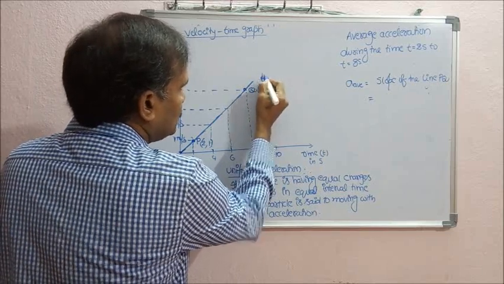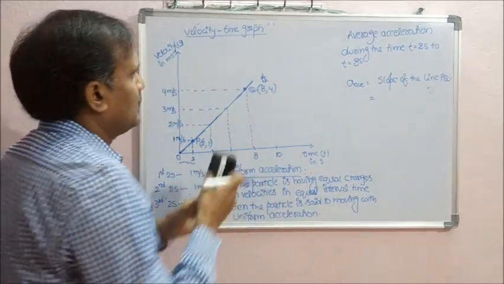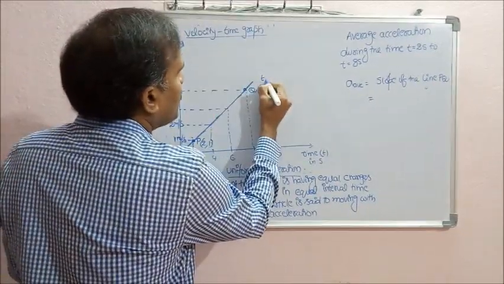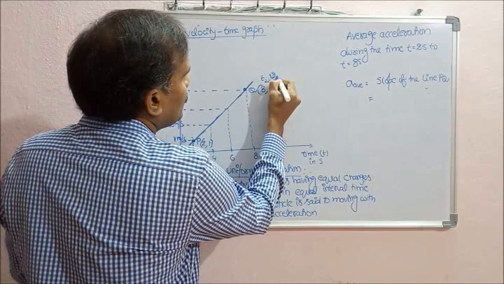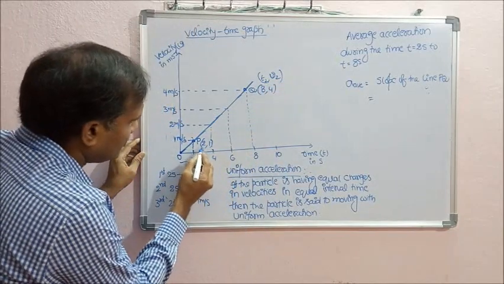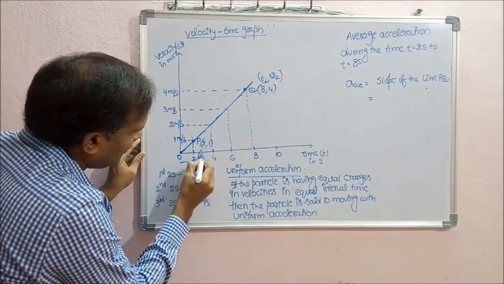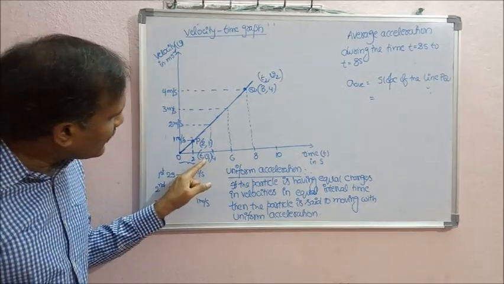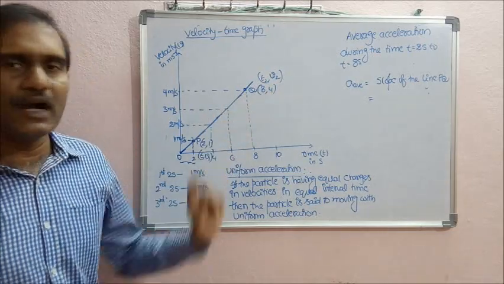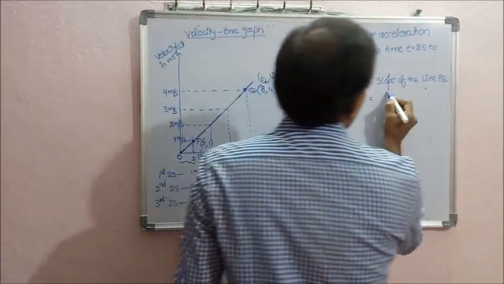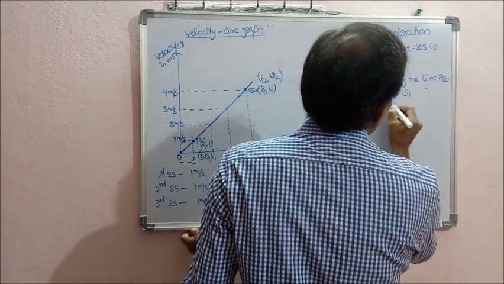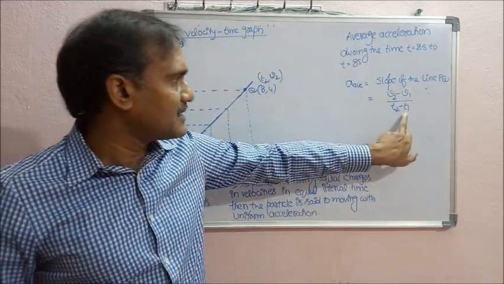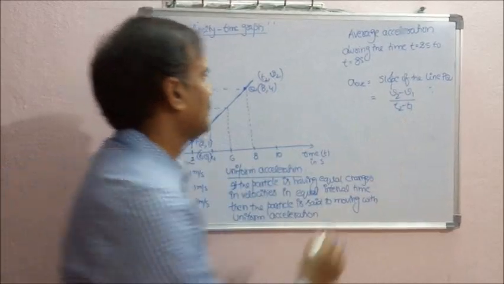Sorry, it is t2, v2. Here it is 2 comma 1, t1 comma v1. P is t1 comma v1. Q is t2 comma v2. Change in y coordinates: v2 minus v1 divided by t2 minus t1. Change in velocity divided by time interval.